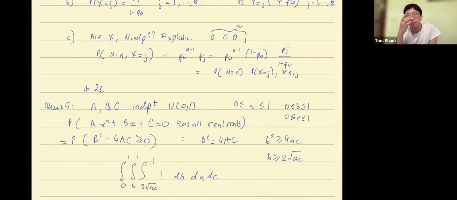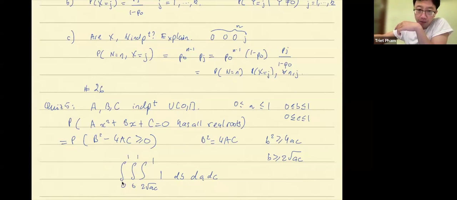Is this correct? Because you understand, if you get the wrong limits, your probability will be wrong.